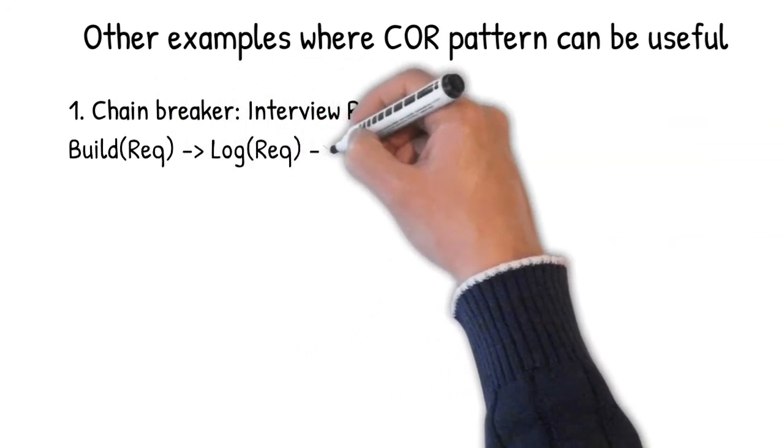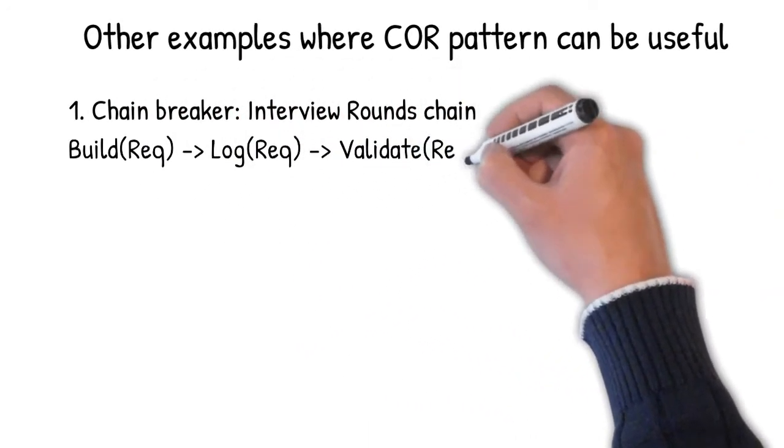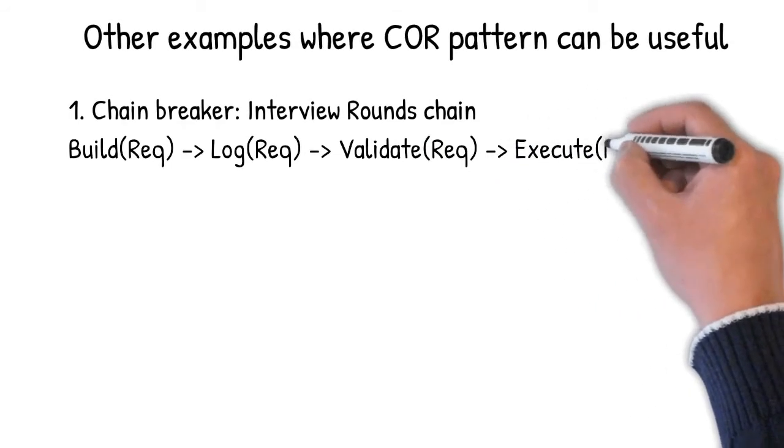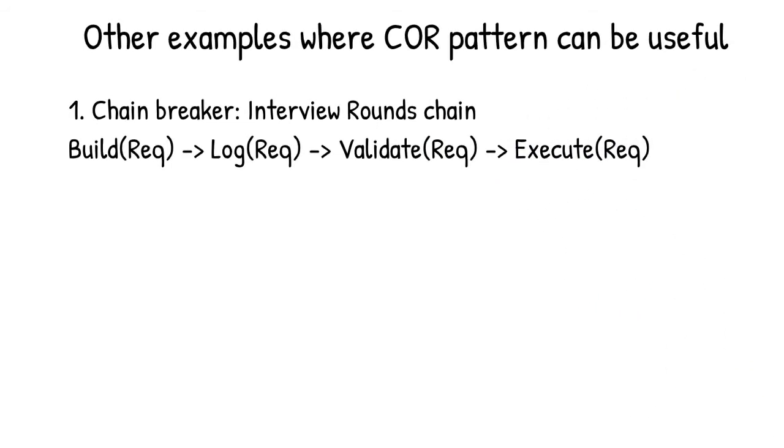Another example of this chain breaker is where you want to build a certain request, log that request, then validate that request, and then execute that request. Now if the validation fails, this component will break the chain and will not allow the request to go towards execution. So this is what a chain breaker is.